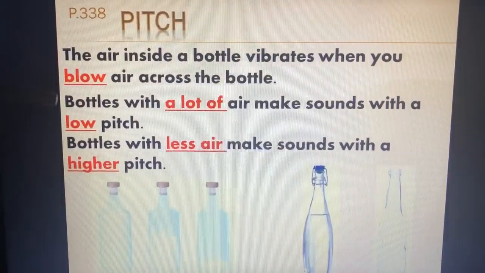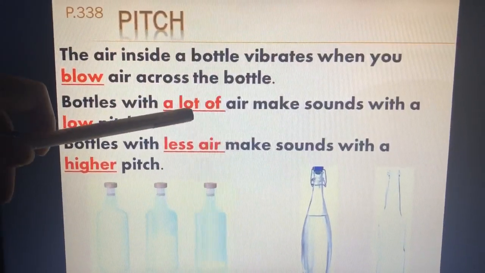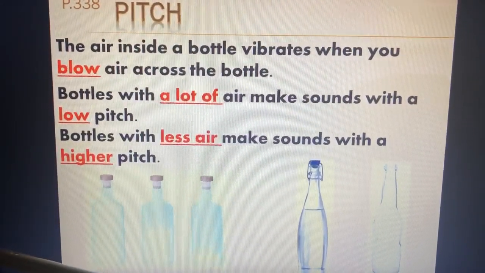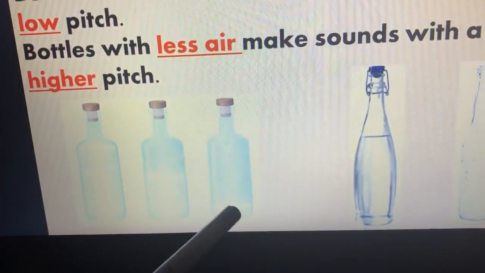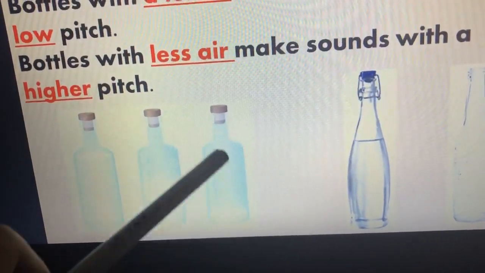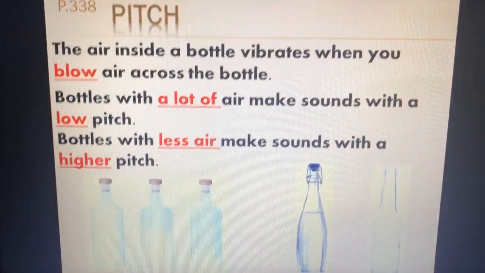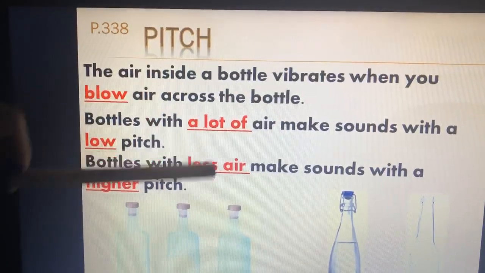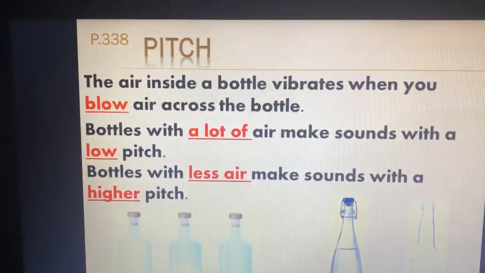It says here bottles with a lot of air means empty bottles, like this one and this one. They are empty. So bottles with a lot of air make sounds with a low pitch.